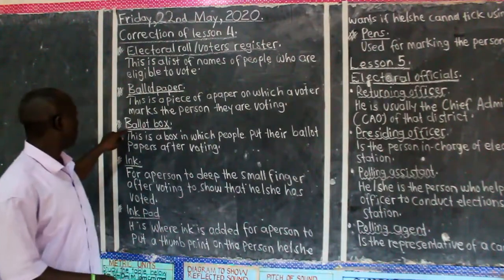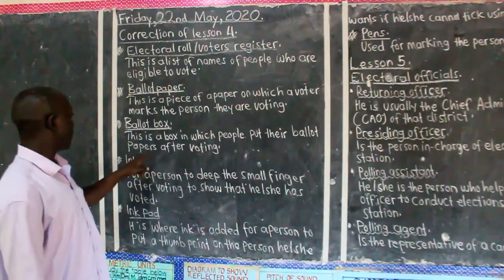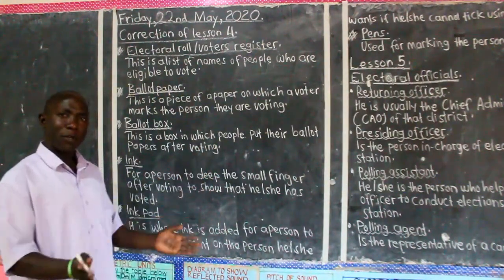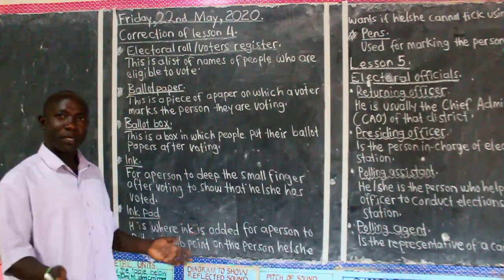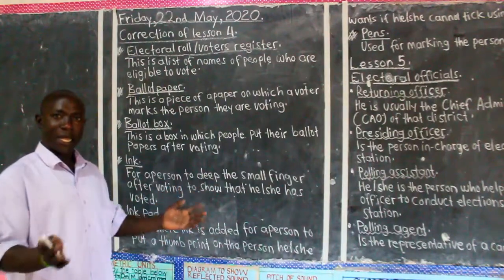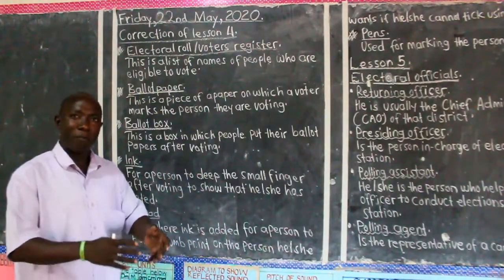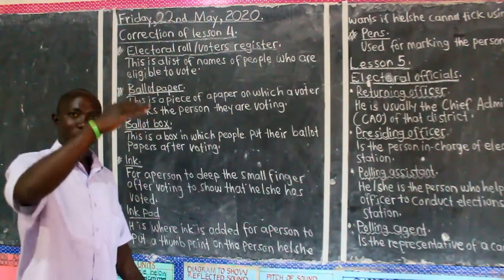We have the ballot box. This is a box in which people put their ballot papers after voting. It might not be specifically a box of biscuits or a box of juice, but a container equivalent to a box. A big container can be a bucket, whose height is a bit high.